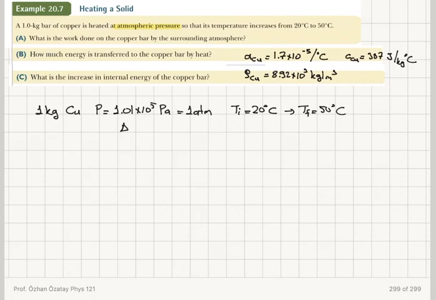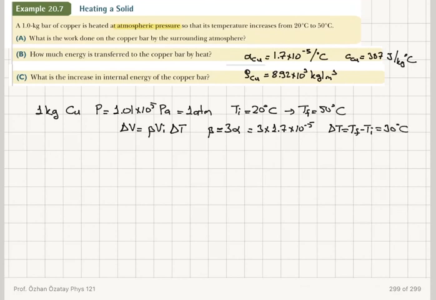The change in the volume of the copper will be beta times the initial volume times delta T, where beta is the average coefficient of volume expansion, and remember this is approximately 3 times the coefficient of linear expansion. So this will be basically 3 times 1.7 × 10^-5 per degree Celsius for beta. And the change in temperature is T final minus T initial, 30 degrees Celsius.